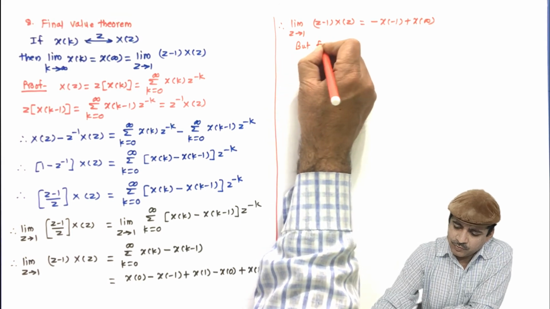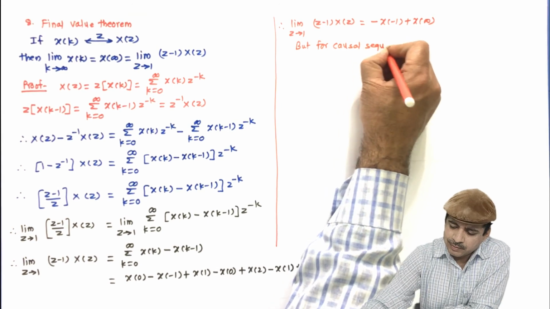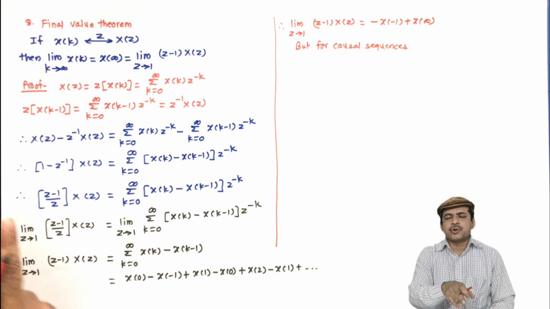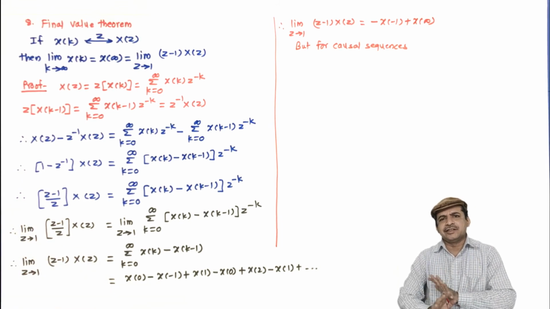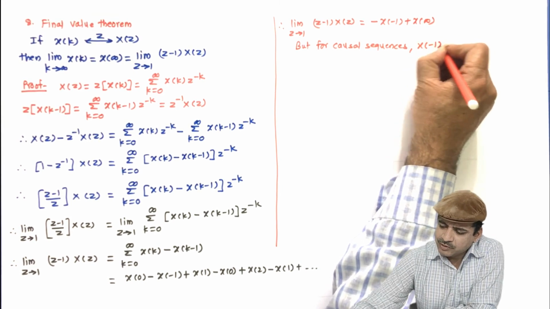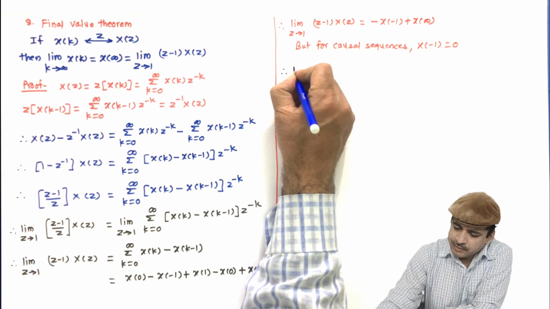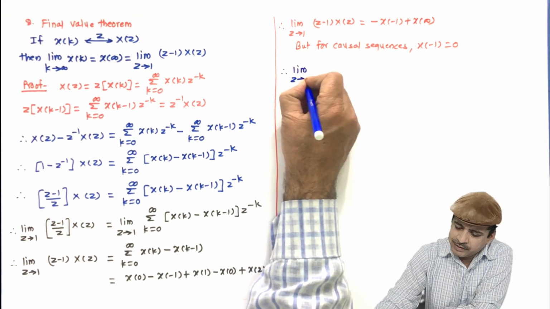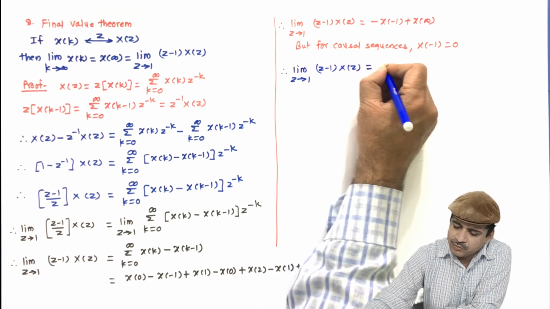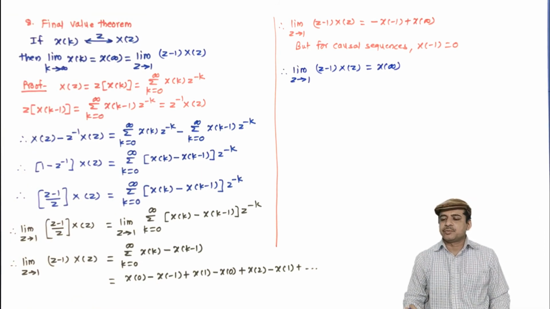But for causal sequences, why can we do this here? Because we are taking the properties of the unilateral Z transform, which means all the signals must be causal. x(minus 1) equals 0, and hence limit z tends to 1, (z minus 1) X(z) is equal to x(infinity). This is proved.